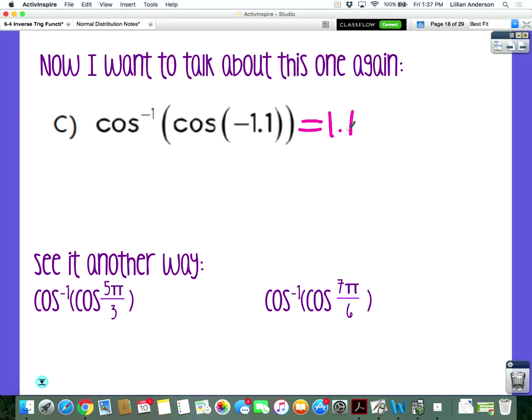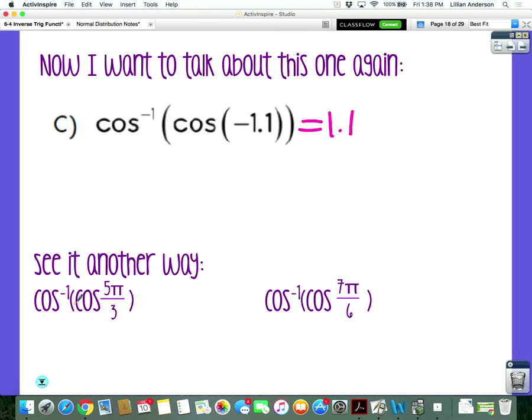To do these problems, remember at the very front of your notes you had the list with these compositions, right? You had cosine inverse of cosine x equals x, and sine inverse, parentheses, sine x equals x. You had all those. In order to do problems like this, you need to recognize that a lot of these, the cosine and the cosine inverse, are just going to cancel out.